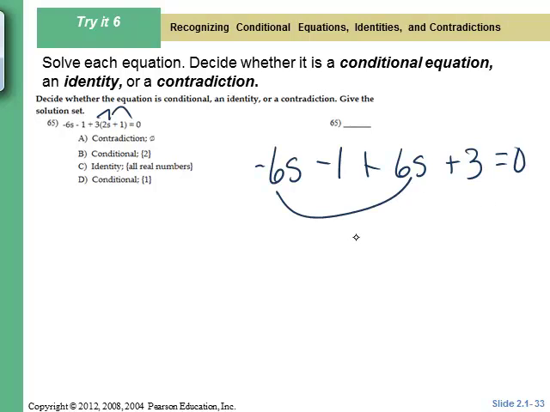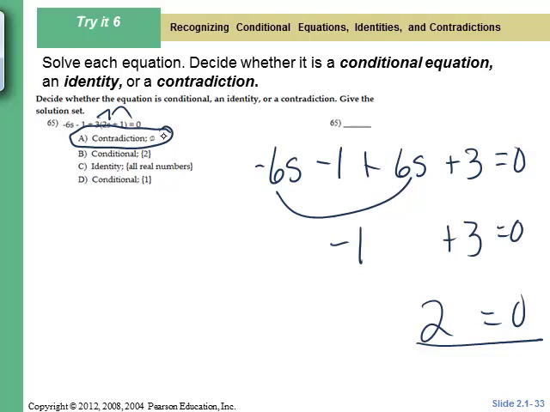Negative 6s plus 6s is no s's, so we have negative 1 plus 3, which is 2, equals 0. 2 never equals 0, so it is a contradiction. 2 does not equal 0.